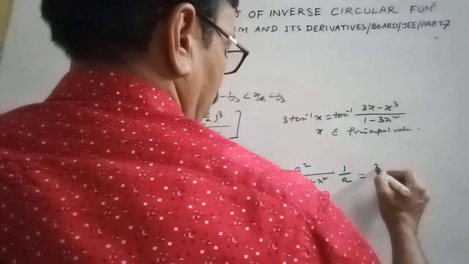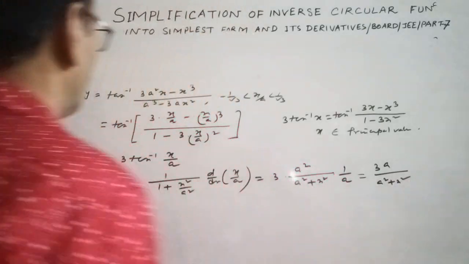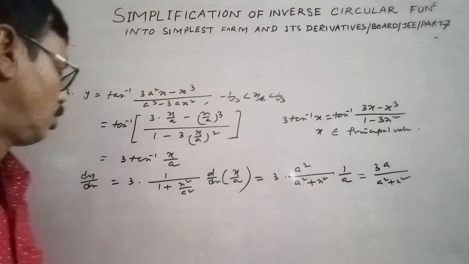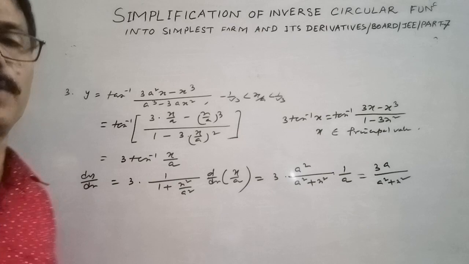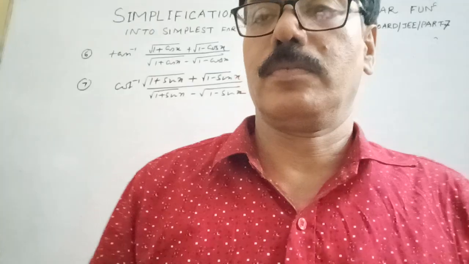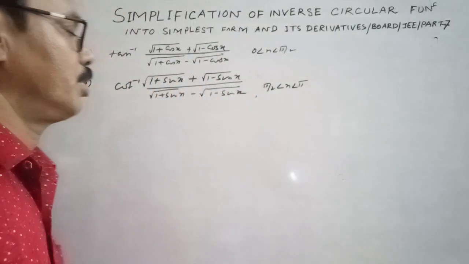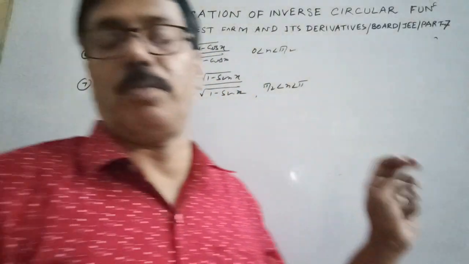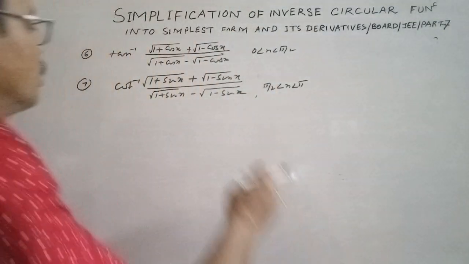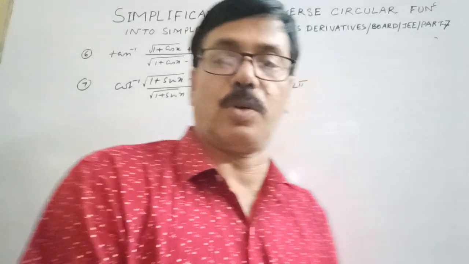So finally 3a by a square plus x square. So simplify, then perform the derivative. Now I consider 2 more problems. These are problems of competitive exams as well as boards.